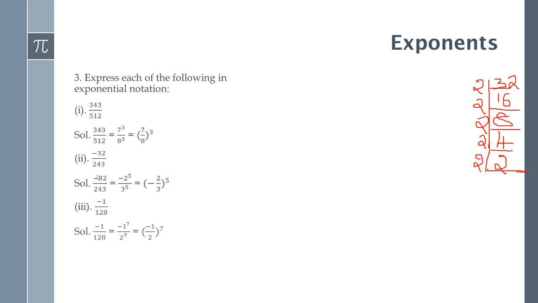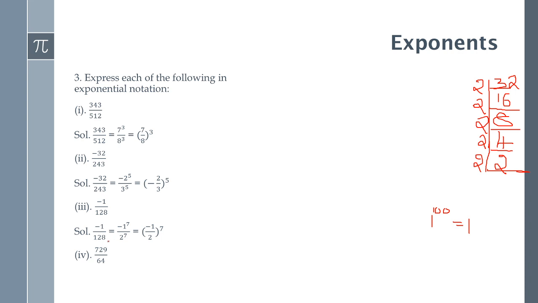Now, be careful. In the previous question the numerator value was a number, but here the numerator value is 1. Whatever the number may be, 1 to the power of 100 also is equal to 1. It is 1 only.